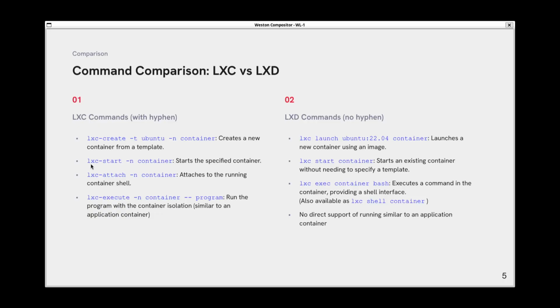To start, it is LXC start, and here also LXC start. If you would like to attach to the console in LXC, we just use LXC attach. In LXD, we don't have a direct command for attaching to the terminal.